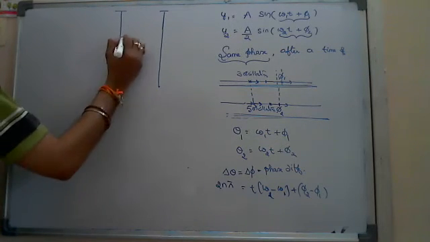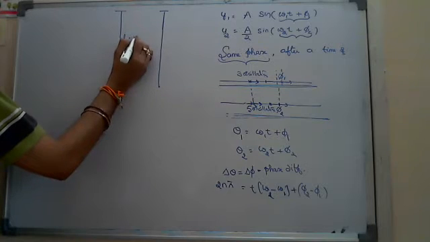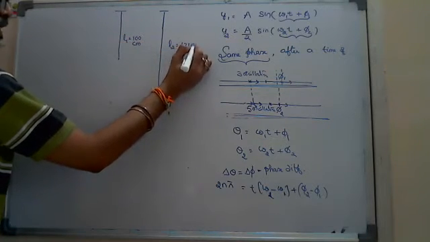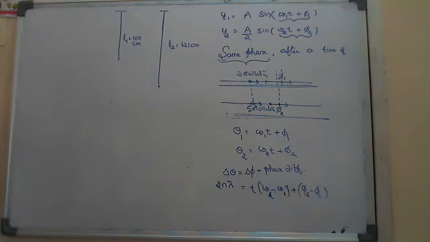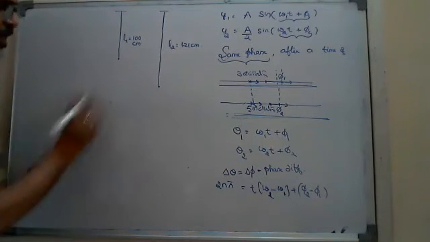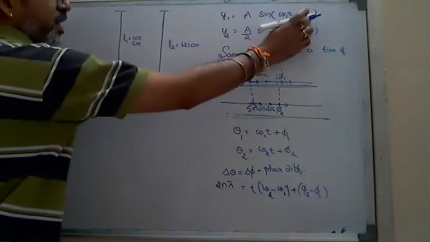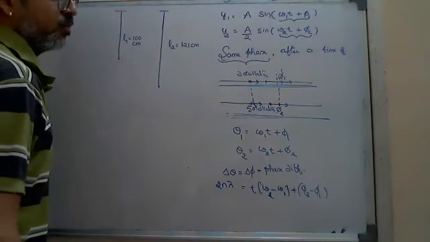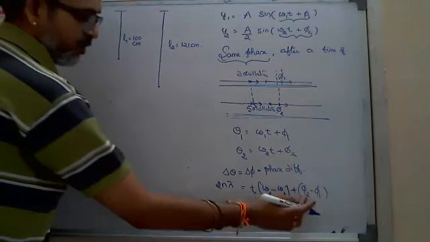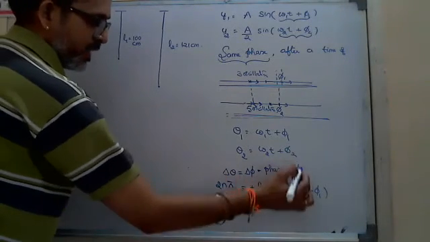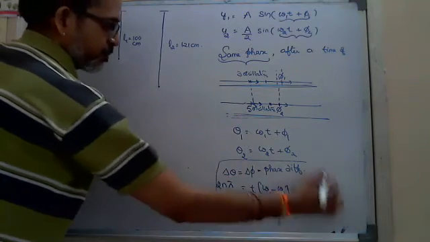Suppose the length of the first pendulum is 100 centimeters, and the length of the second pendulum is 121 centimeters. Both are started from the mean position, means phi1 equals 0, phi2 equals 0. So here phi2 minus phi1 becomes 0 in the phase difference delta theta in this formula.